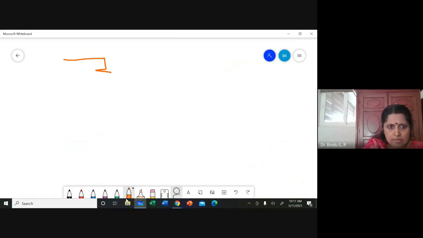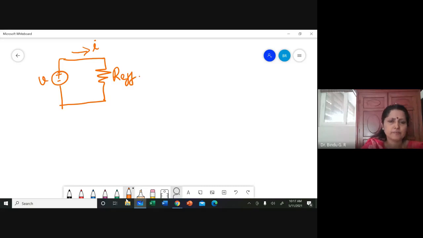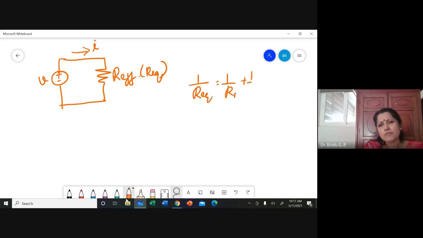So now you have a single resistance and the same current I flows, but I have R effective here. And if you have a number of resistors, you will write 1 by R equivalent is equal to 1 by R1 plus 1 by R2, etc. up to plus 1 by Rn. That is all. Now, one main thing that you have to remember is note.